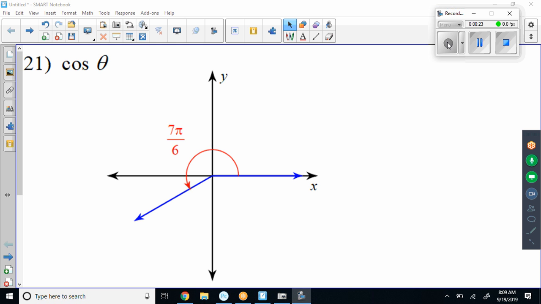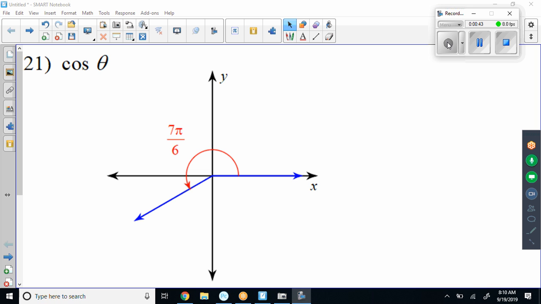Which coordinate does the sine belong to? The y. Yeah. Which one does the cosine belong to?